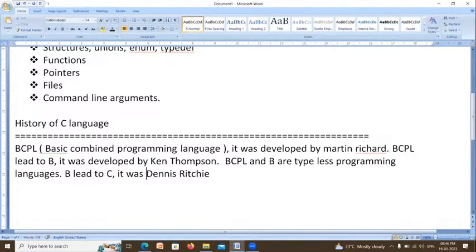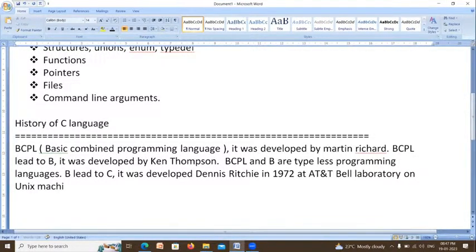It was developed by Dennis Ritchie in the year 1972 at AT&T Bell Laboratory, on a computer with the Unix operating system, a Unix machine. C supports data types, so C is a typed programming language. This is the history of C language.